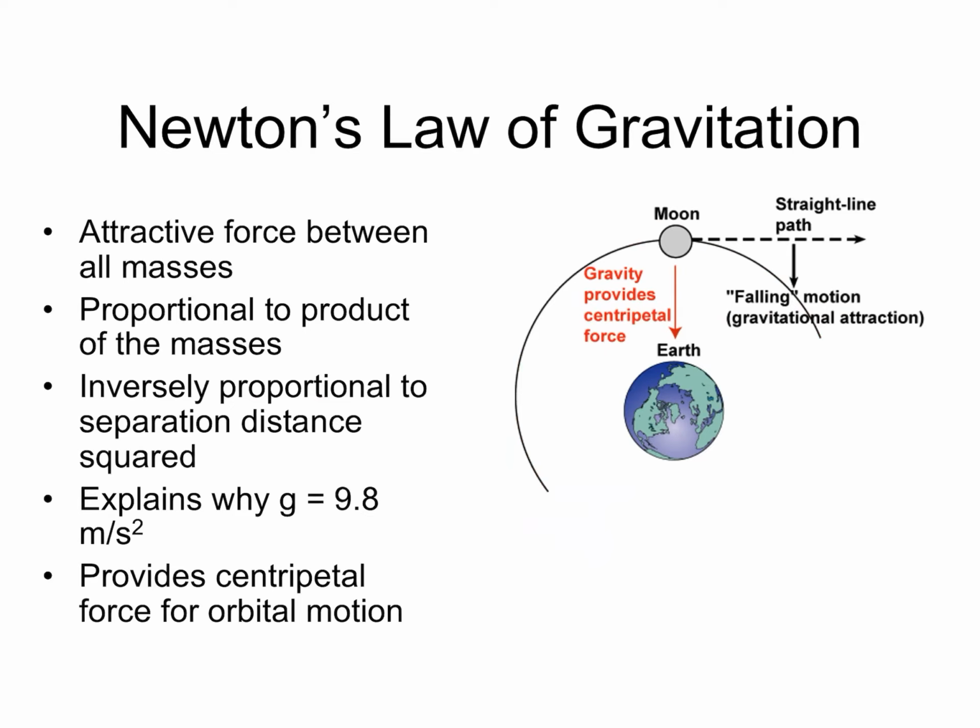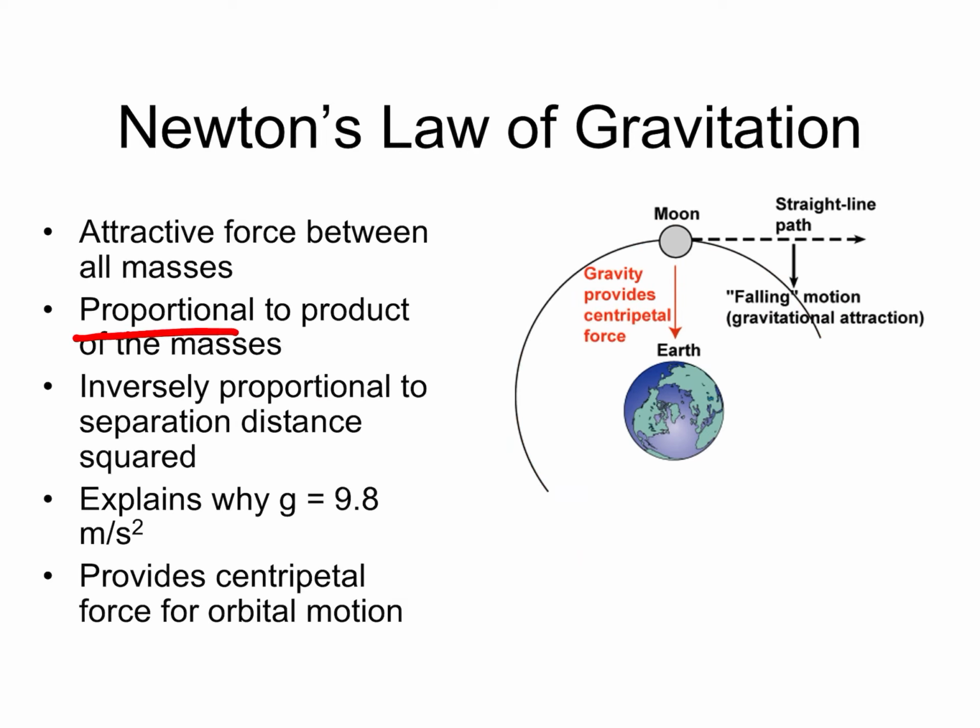All right, so that gets us into Newton's law of gravitation. Newton's law of gravitation just says that there's an attractive force between all masses. So even between you and your bed or whatever you're looking at right now. And why aren't we just being magnetized towards each other then?